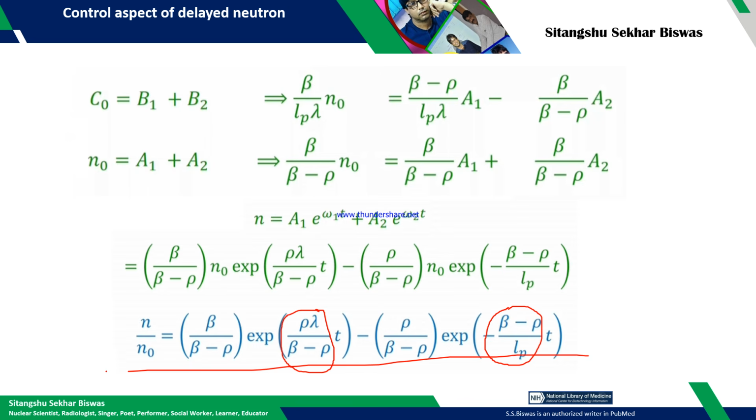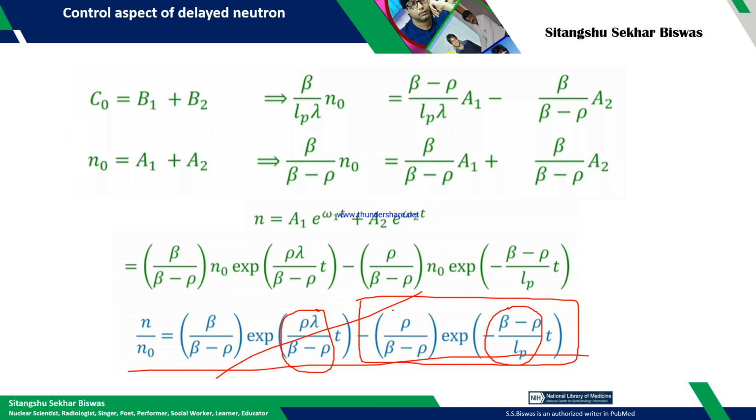In this omega 1, lambda is multiplied. Lambda is a small quantity, so this exponential term is very negligible, very small. Compared to this it is negligible, so the first term we will cancel out, and we will keep only this term.